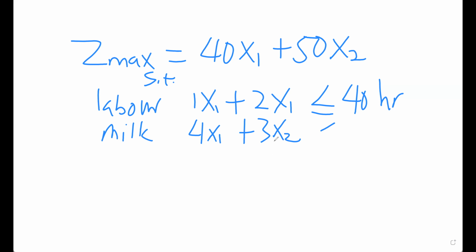And there are how many gallons of milk available? The word available means that we are going to have the less than or equal to sign. We have 120 gallons of milk available. So these are the two main constraints.